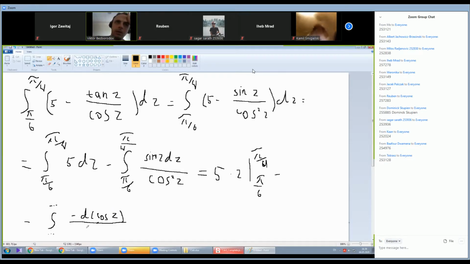And in the denominator, I have cosine squared. I hope this is clear. So sine z dz equals d cosine of z.